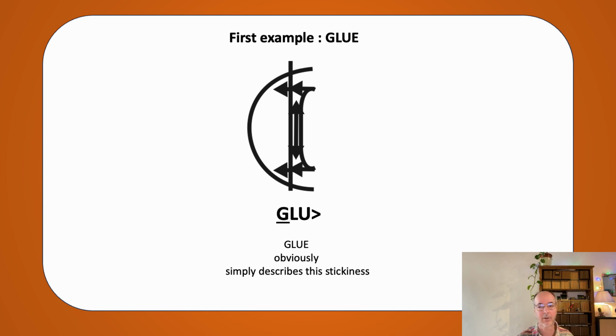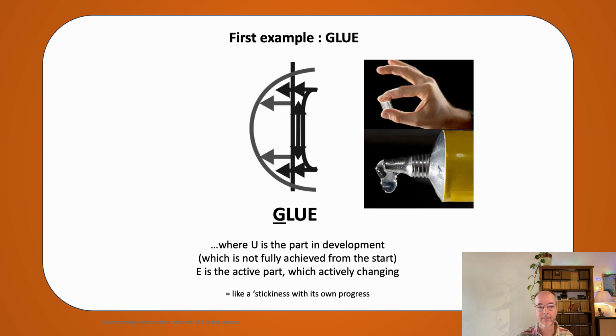As you have the U form there, and the A is the extension that will make it so, let's say. So the U is always a part in development which is not fully achieved as it is from the start, and the A, which you only have written there, is the active part, the actively changing part.